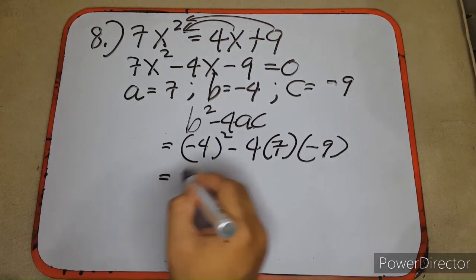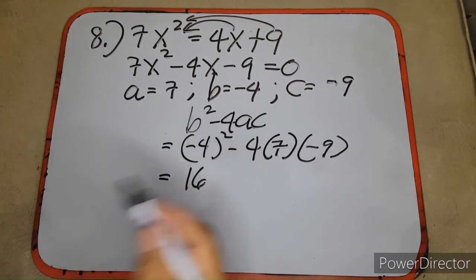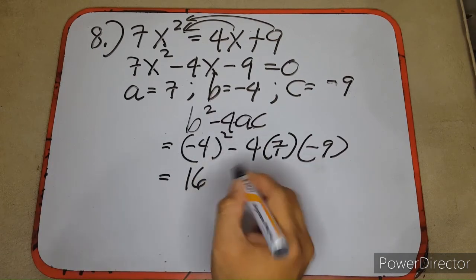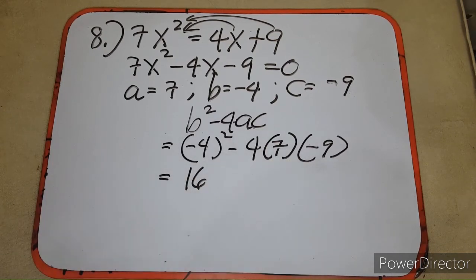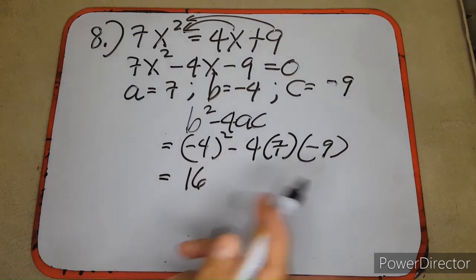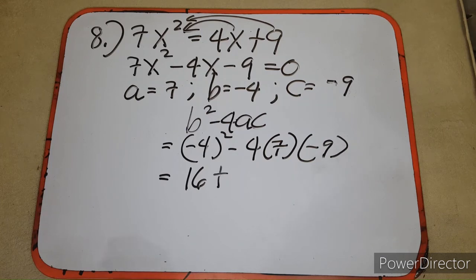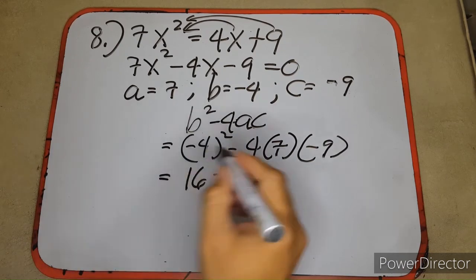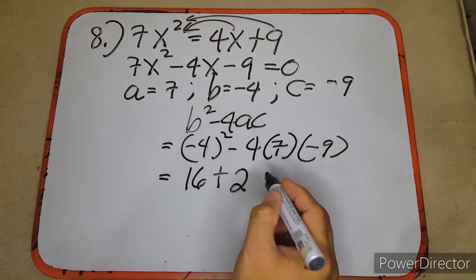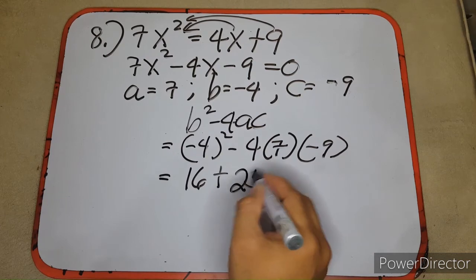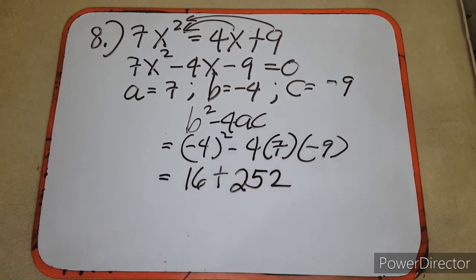So, negative 4 squared is 16. That's negative 4 times negative 4. Then, 4 times 7, that would be equal to 28, and negative 28 times negative 9 will become positive. So, that will be equal to 252.